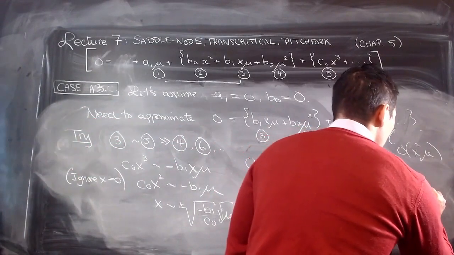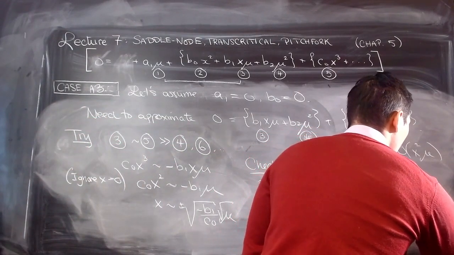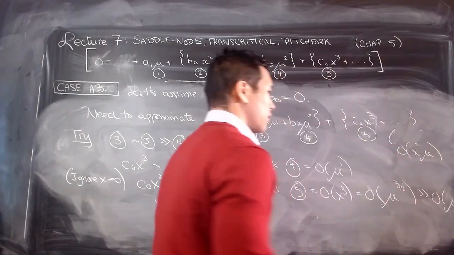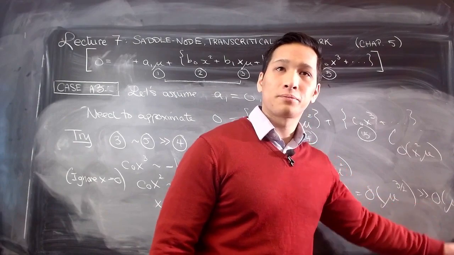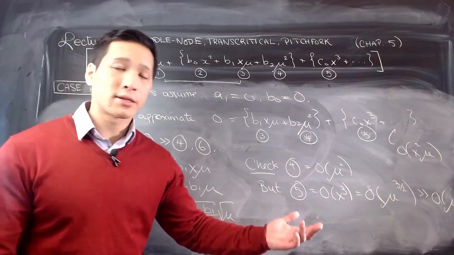So this is much larger than order mu squared, right? The bigger powers are always smaller when you're near 0. And so that's a consistent balance.